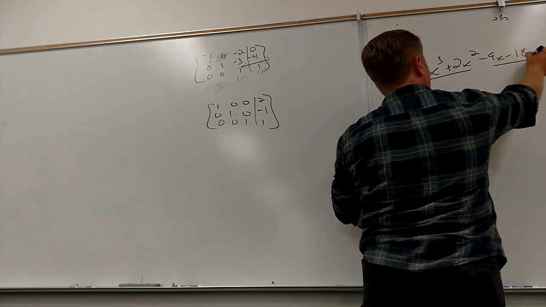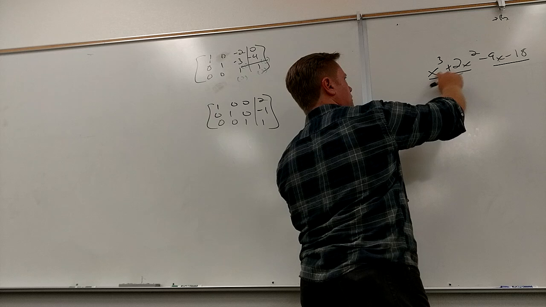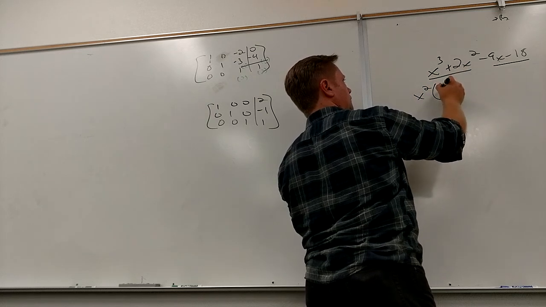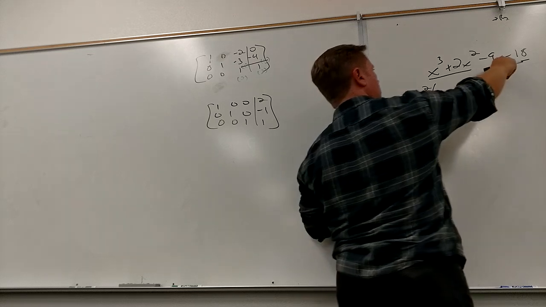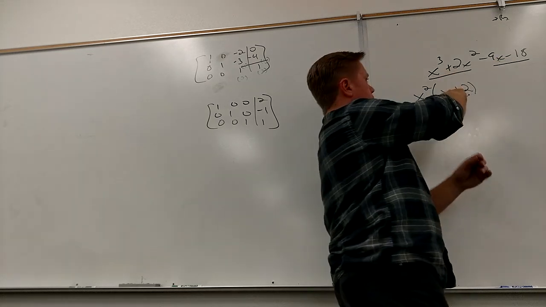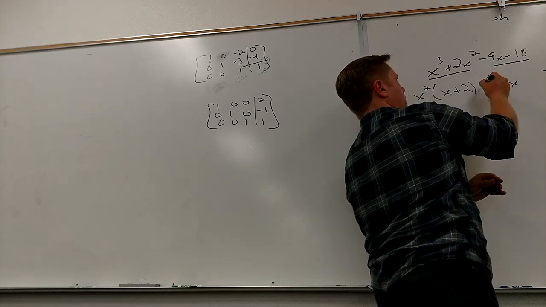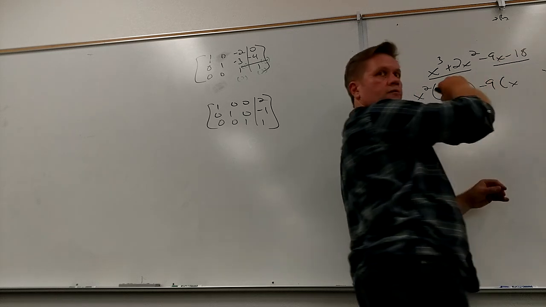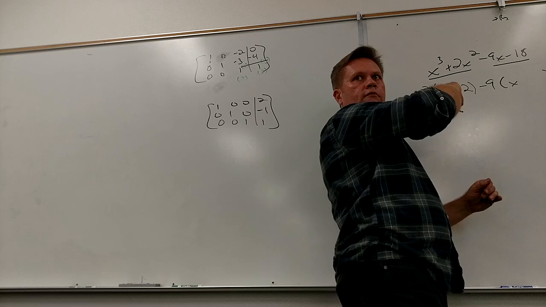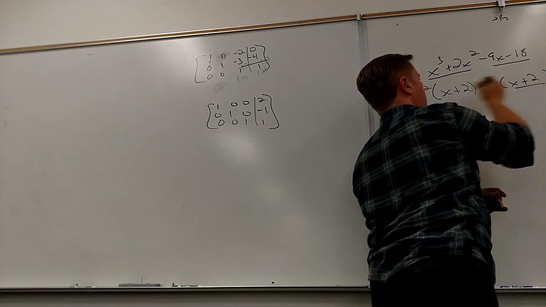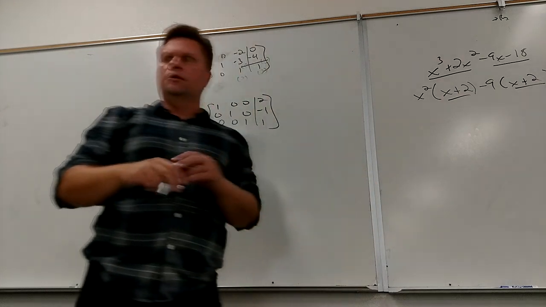Group these. What comes out of these two? X squared. X plus 2. So then you know exactly what to take out of here. You need an x left in here, so you have to take out a negative 9. So that becomes positive x, and that becomes positive 2. And thank God those are the same.